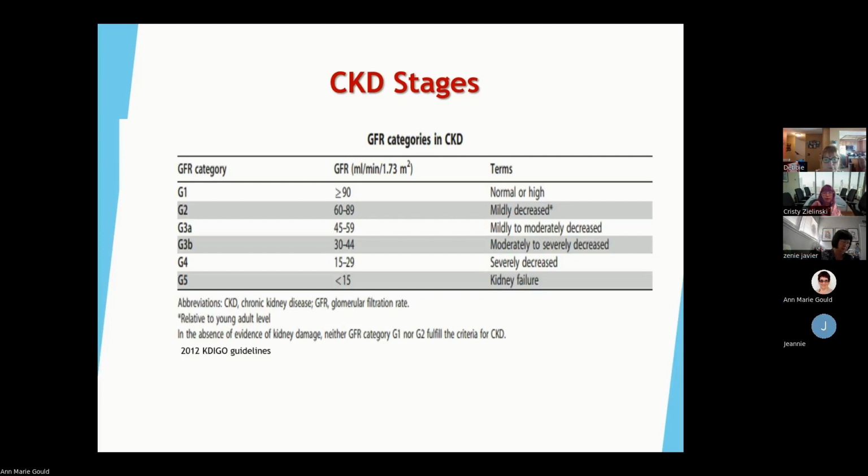Now they decided to break down stage 3 into 3A and 3B, because they're monitoring the stage 3 patients. They want to trend how fast that patient at stage 3A or 3B is getting to stage 5 or end stage renal disease.